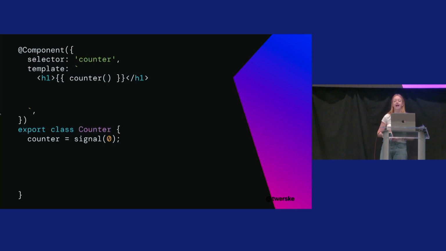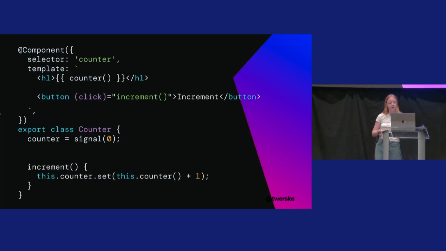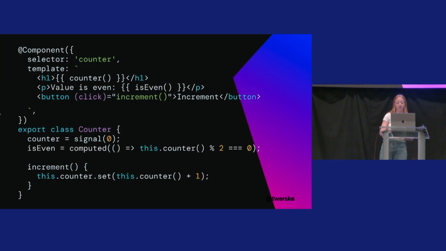So I can access a signal's value through a getter function in my template, and I can allow Angular to track where that signal is used. In this example, I have a single counter, and I can increment it, and I'm only going to update that counter value if something inside of it changes. There are much more complex versions.